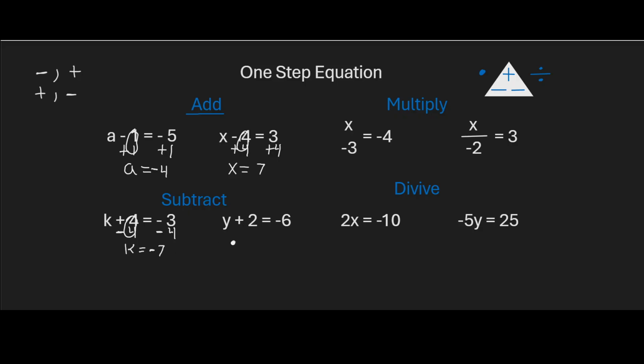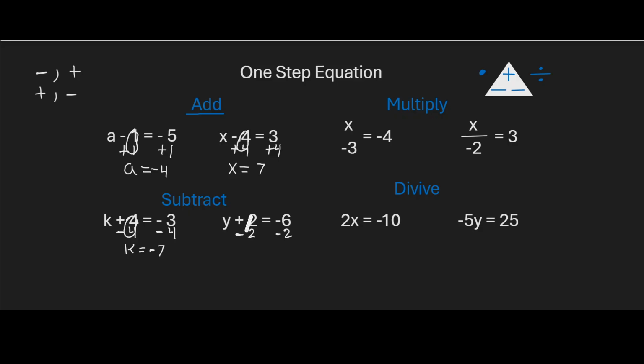Now for the next one, okay? So we're adding 2. The opposite of adding is going to be subtracting, okay? So subtracting 2 to make it 0, okay? So I'm doing the opposite, subtracting 2, subtracting 2.